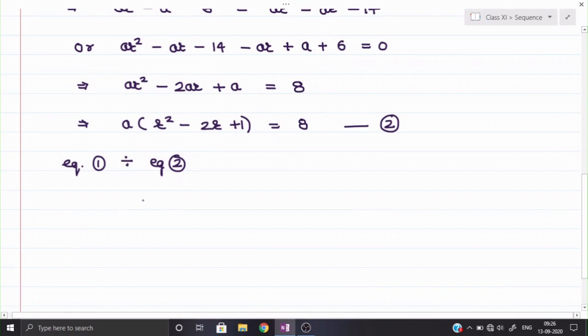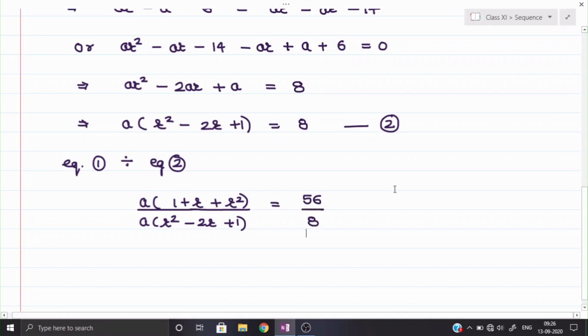A into the bracket 1 plus R square is equal to 56. First I am writing the left hand part: A into the bracket R square minus 2R plus 1 is equal to 56 upon 8.